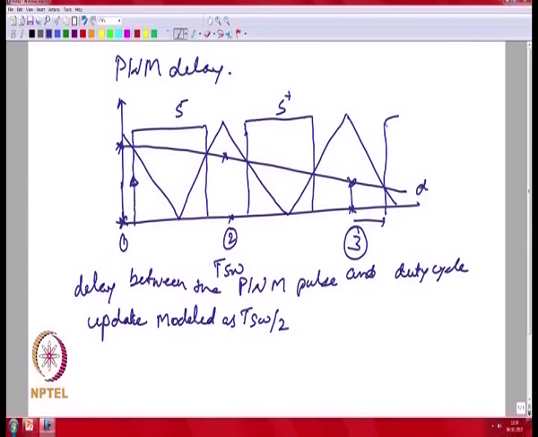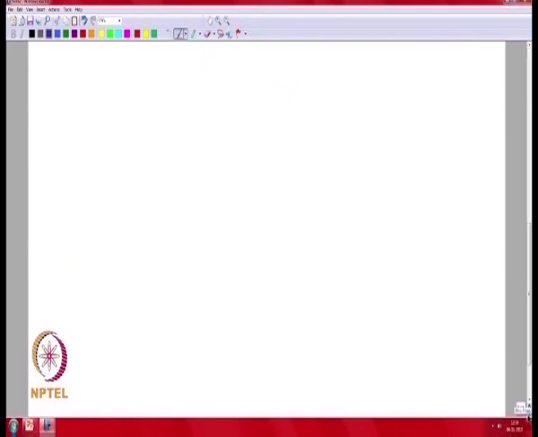So another way of looking at whether one can justify such a model for the delay is to look at the expression for the average output voltage and the volt second match at the output of the inverter. If you look at the average output voltage, say VAN with respect to the neutral in our inverter model, it is VDC into D minus half. So this was the average model over TSW.